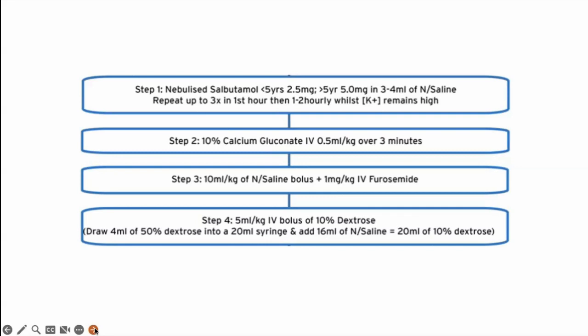Your step 3 will be your loop diuretic, furosemide. Always remember to check the rest of your gas before you start giving your loop diuretics. You need to be sure that there's no hyponatremia, because remember, that's how we actually exchange potassium for sodium.